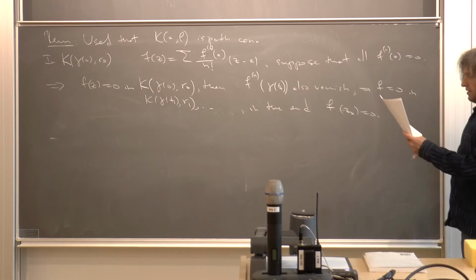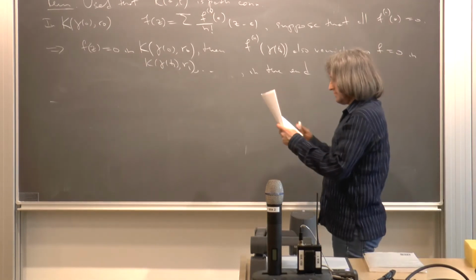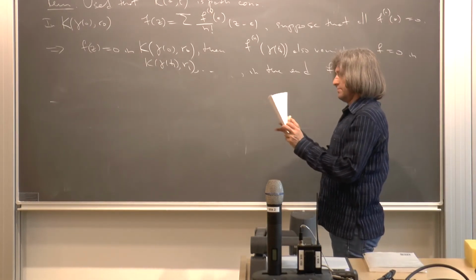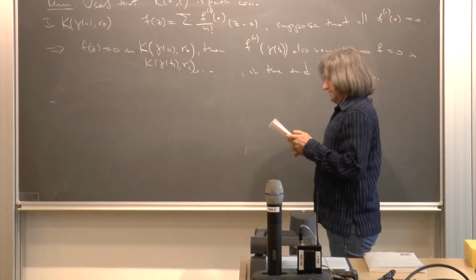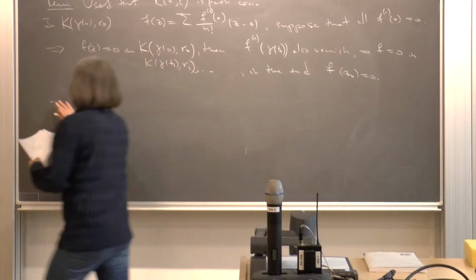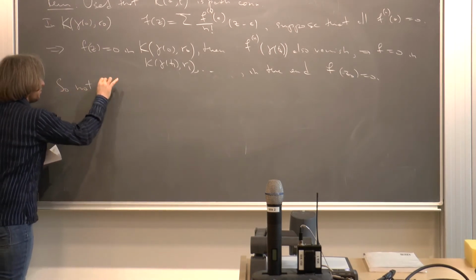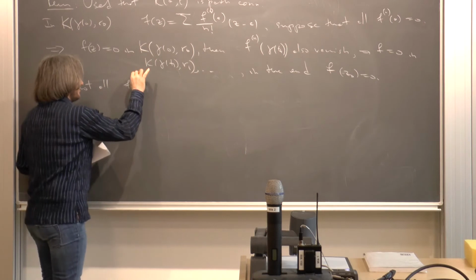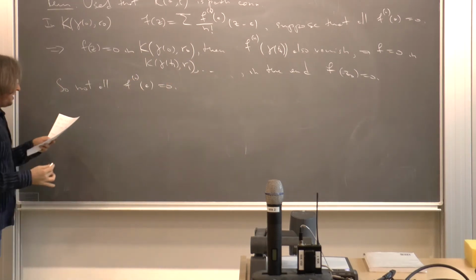So not all of them are 0, so find the first which is not.